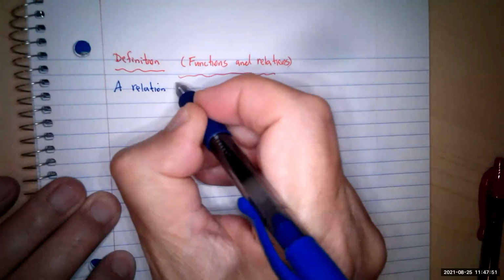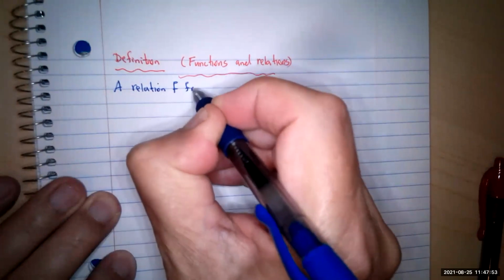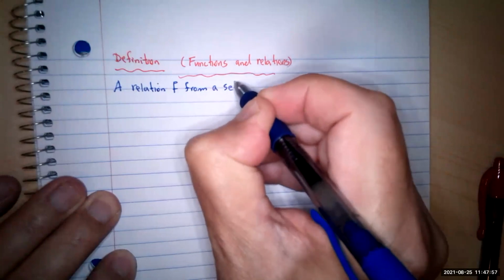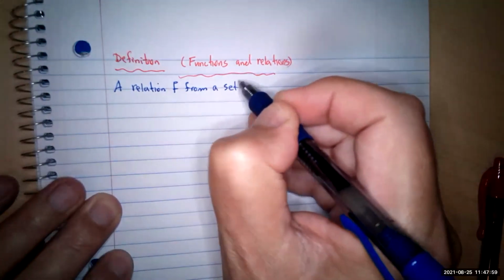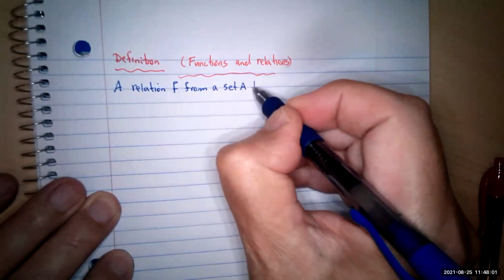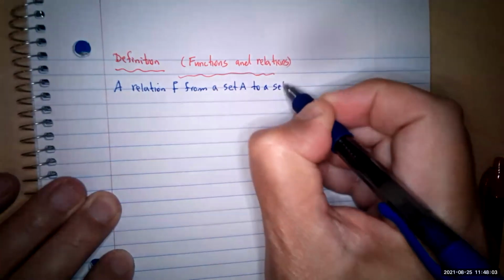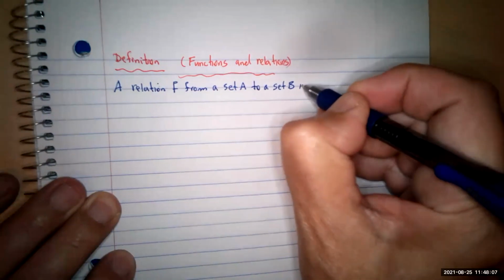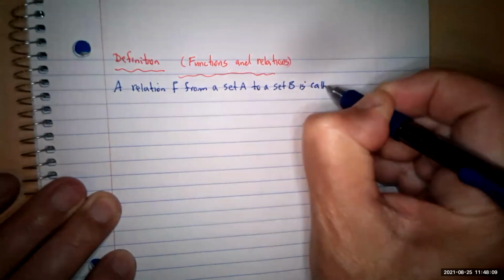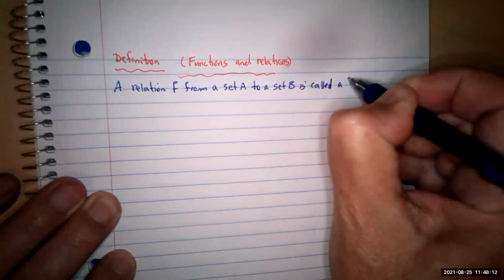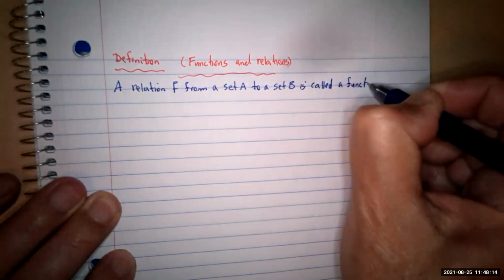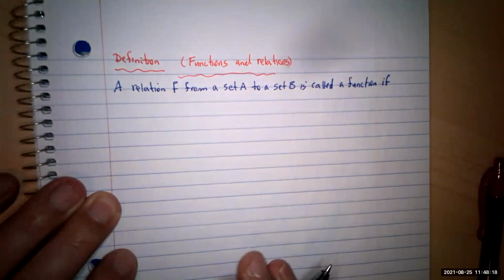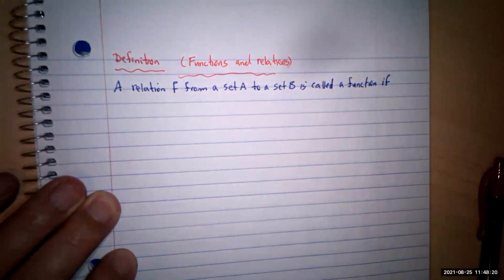A relation F from a set A to a set B is called a function if it satisfies two conditions.